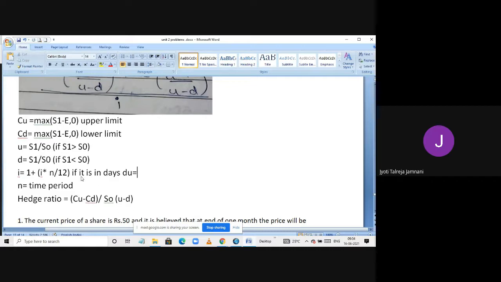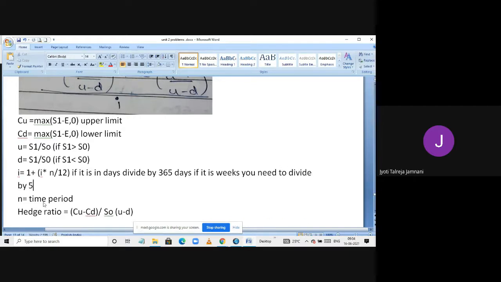you need to divide by 365 days. If it is weeks, you need to divide by 52 weeks. There are 52 weeks in a year.